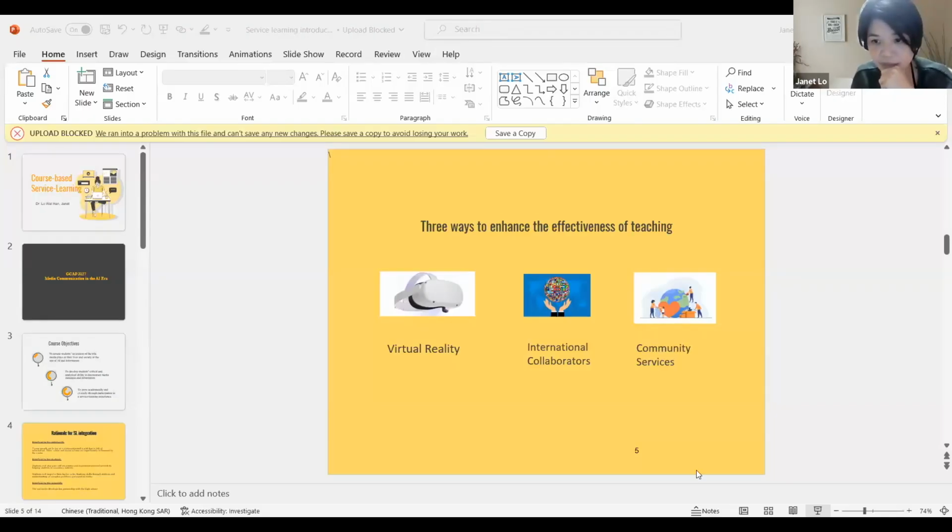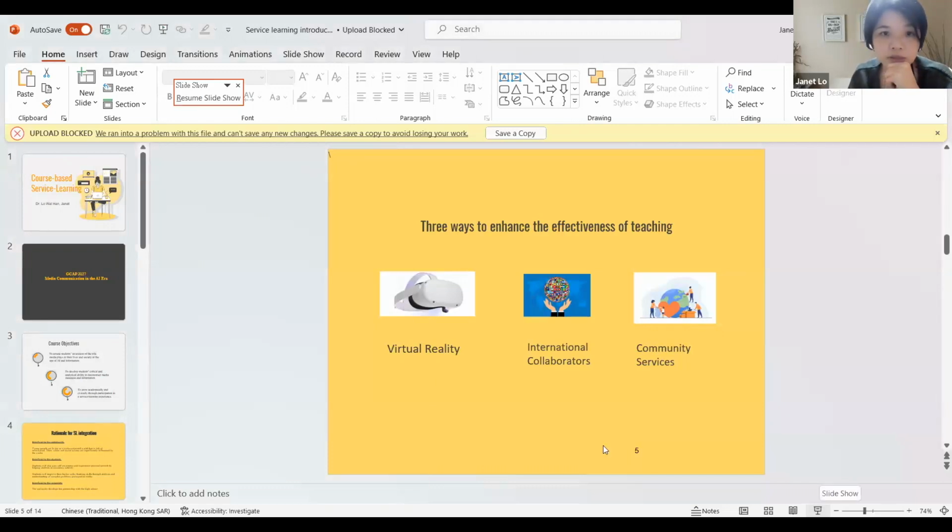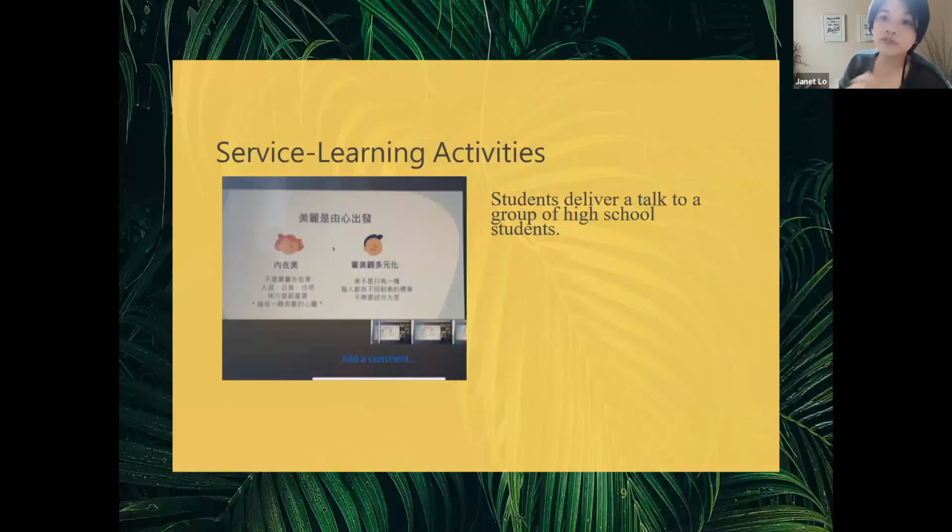The second half, as I mentioned, is about the service learning activities. After the students learn the course materials from my class, they have to choose a topic and deliver a talk to a group of high school students.